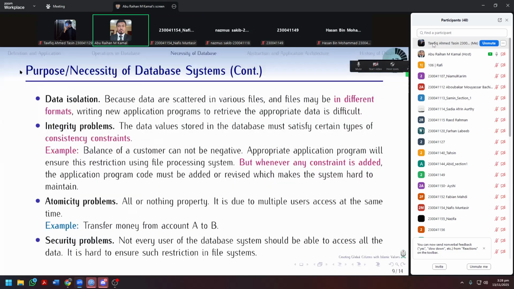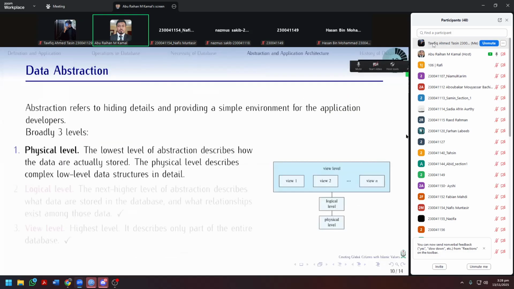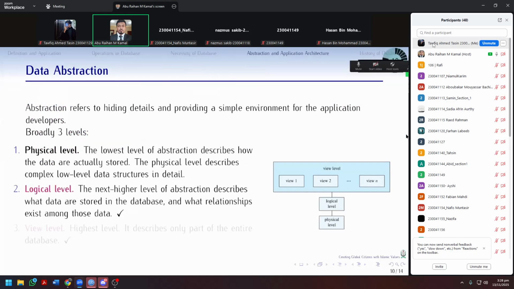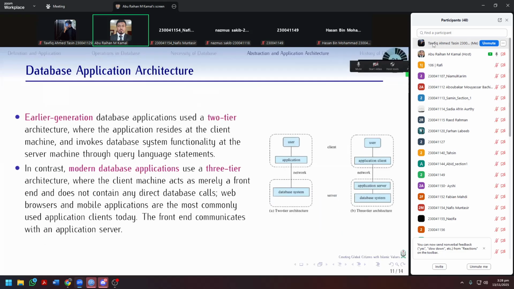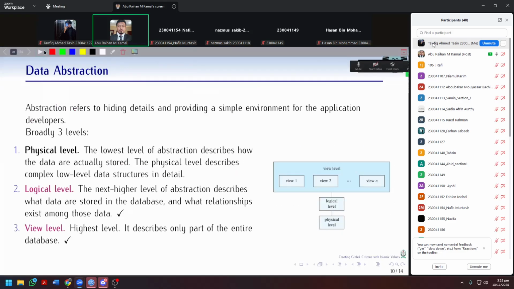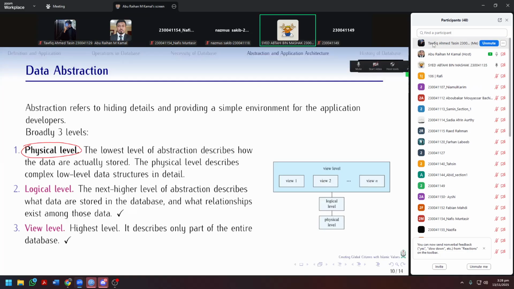Now, we have three layers of abstraction. One is the physical level, and the logical level, and the view level. In simple words, the physical level is normally a very low-level abstraction.